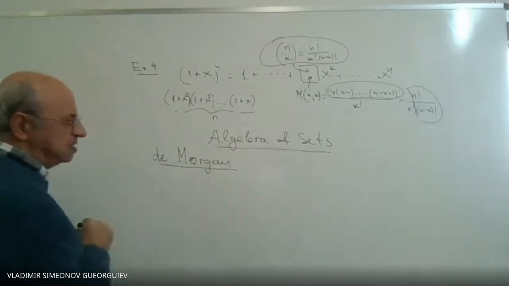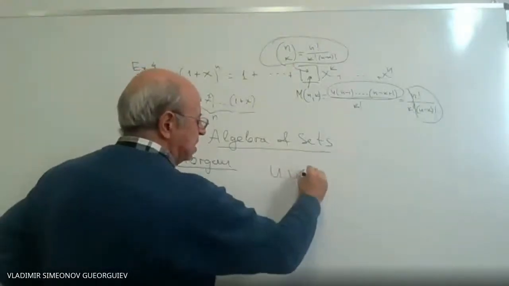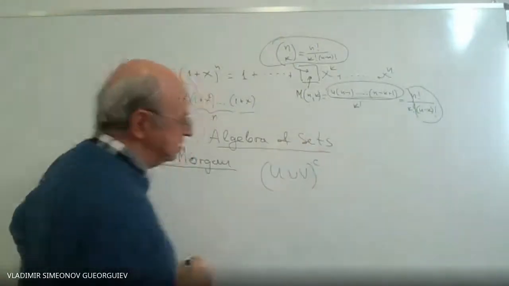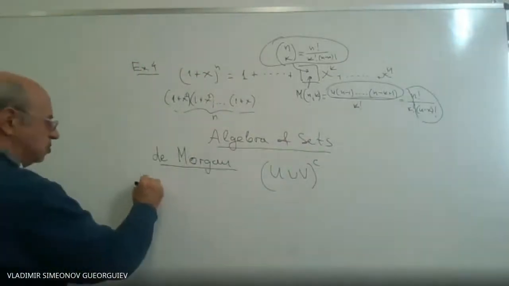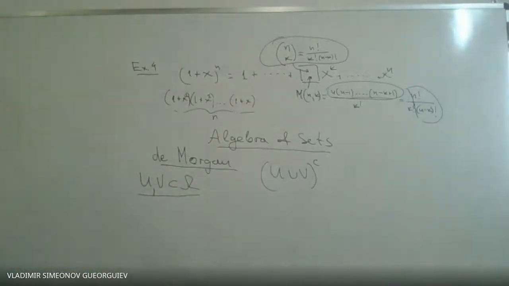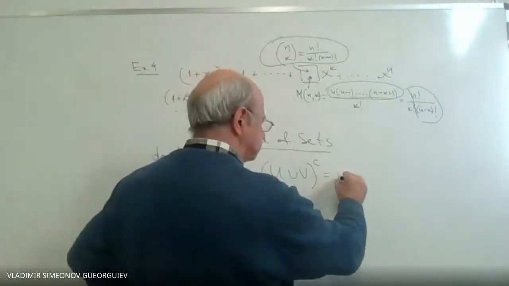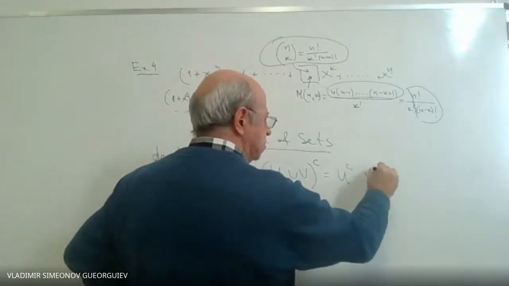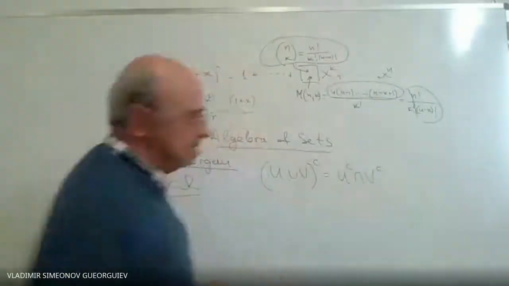These formulas give, if you take a union, what is the complementary set of the union? So again, we have U and V inside omega, and you want to compute the complement of the union. And the De Morgan formula says that this is the complement of U intersected with the complement of V. But since here you have union, here you have to take intersection.